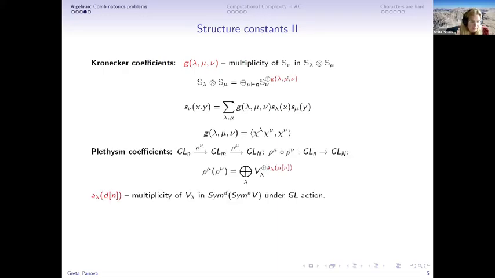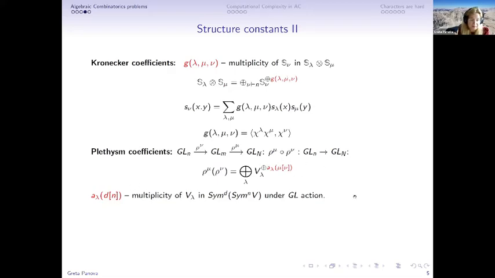And there is another class of constants that people like to study that come from the composition of general linear group representations, because they're just maps from basically one GLn to another GLm. So you can compose two of them and then decompose it as a representation. You're gonna have some multiplicities.